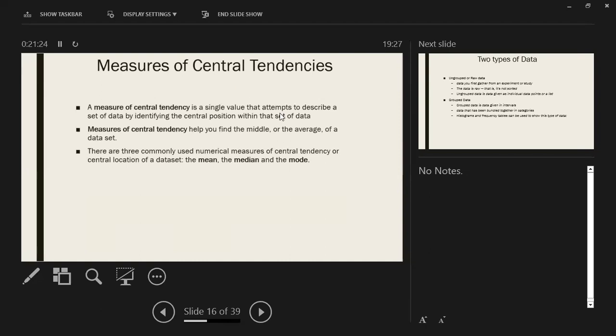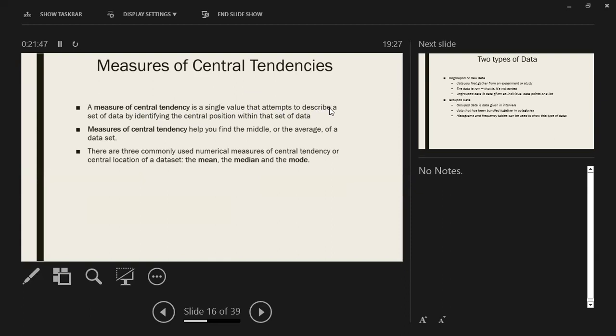That is why we are saying you are now using a single value to describe. Why? Because it is descriptive statistics, which is used to describe. So you describe using a single value by identifying the central position within that set of data.